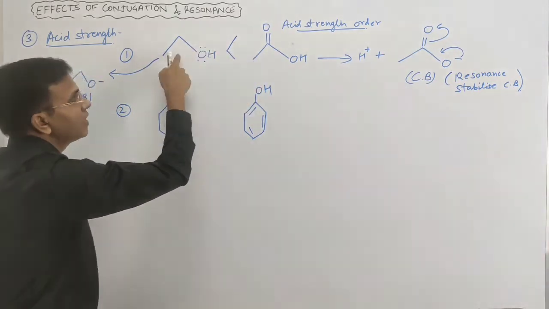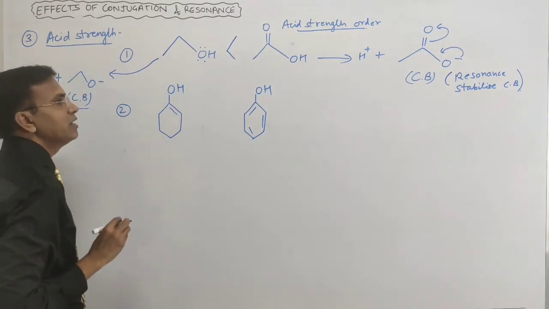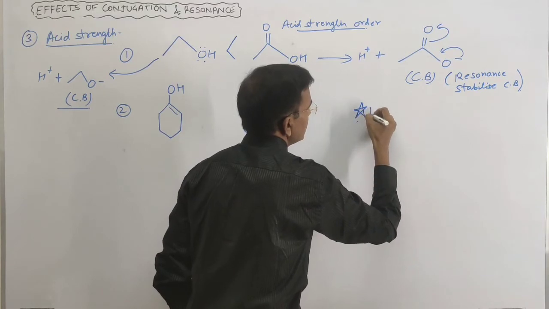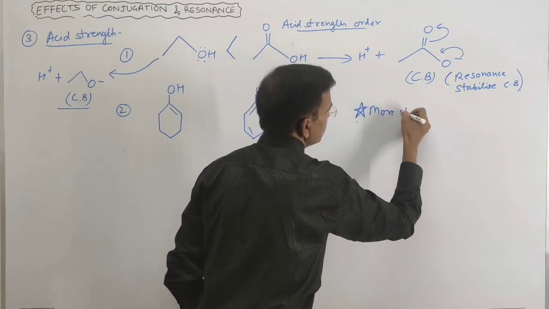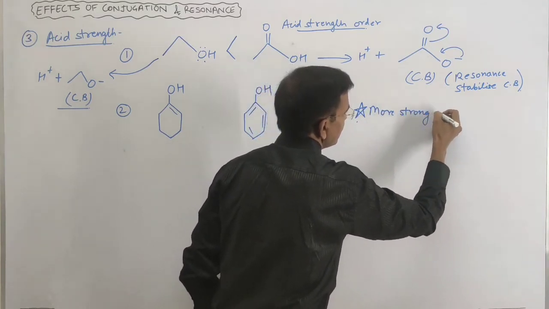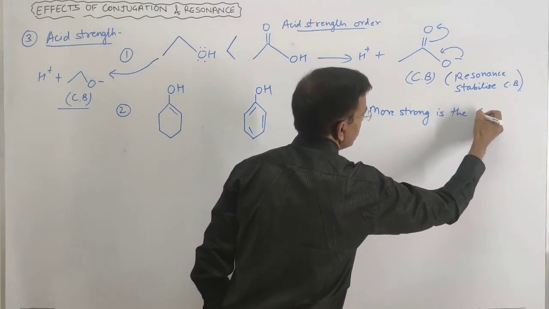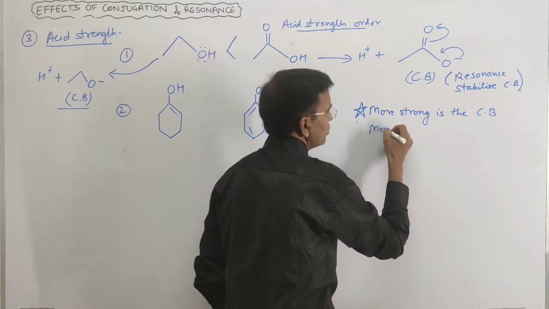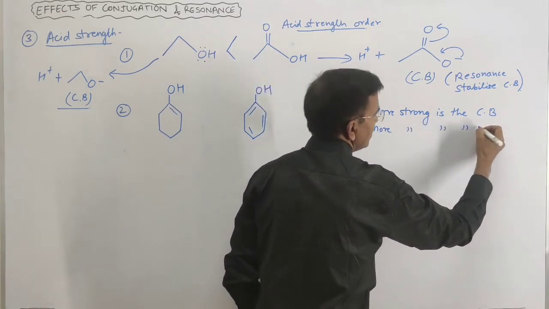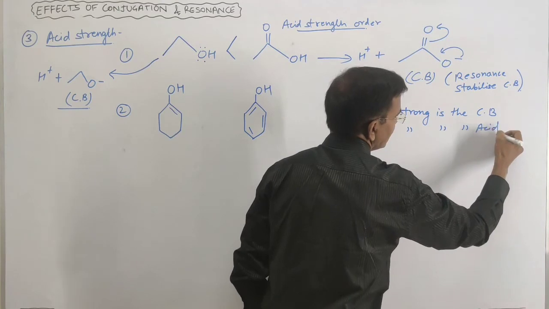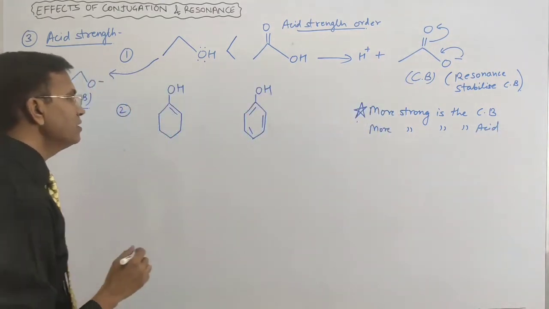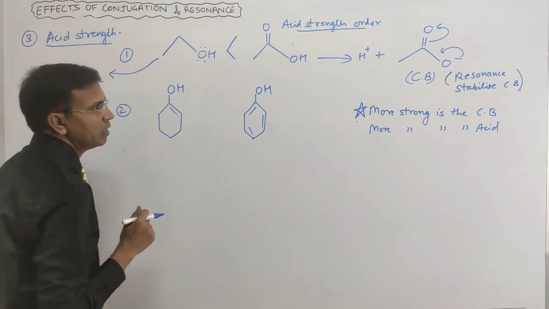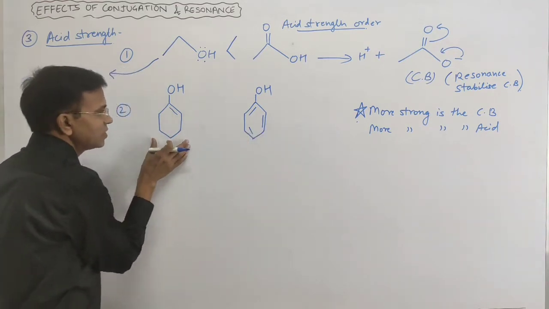Acids are stronger than alcohol. So here, one note is there. The more stable the conjugate base is, the stronger the acid is. Clear?